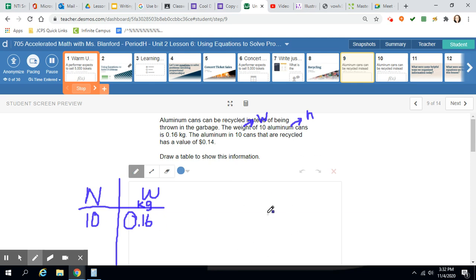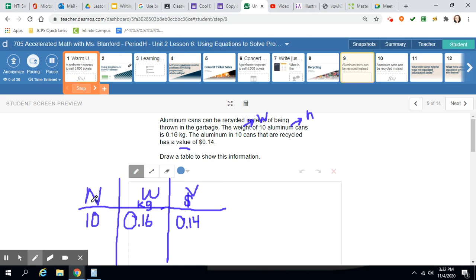You could have done another table completely, or I'm going to show you how we actually could just extend this table, because the 10 cans weighs this much, but then it's also worth, and we're going to call this V for value. So we're measuring that in dollars, right? And it's worth 14 cents. So these are three things that are all related, right? So this shows this information.